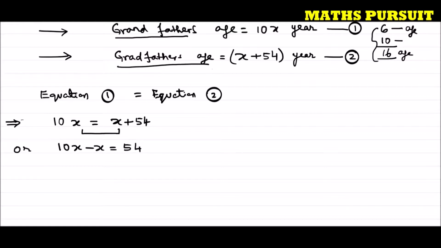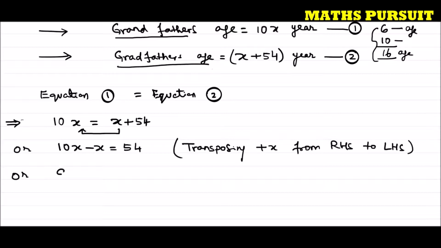I am just moving this x from right side to the left side, that means transposing plus x from right hand side to left hand side. And guys, we very well know that if we move a number from one side to the other, its sign changes. So here it was plus x, when we moved to the left side it became minus x. Or I can write 9x is equal to 54.